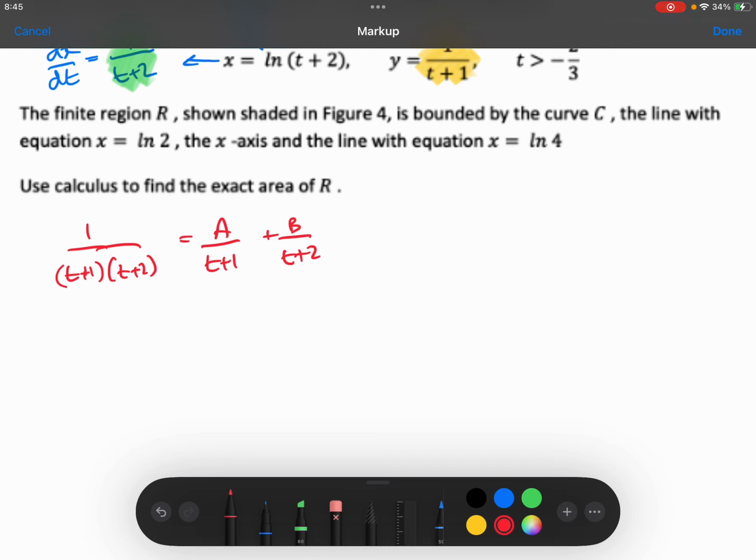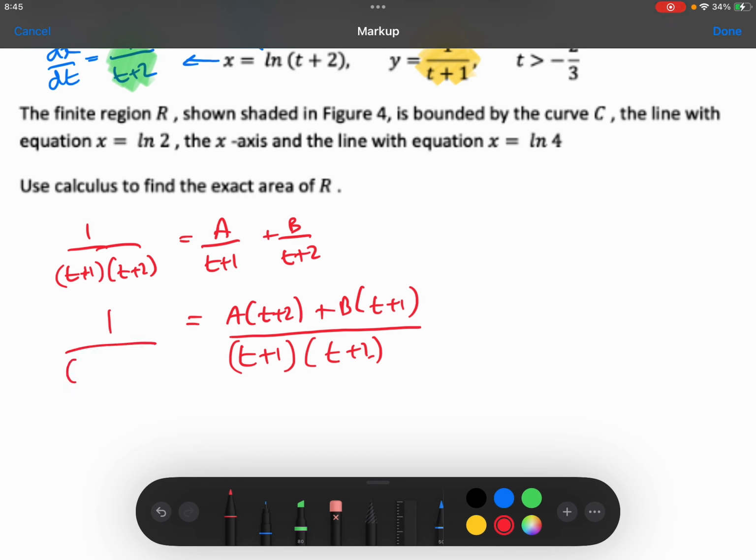Right, so let's cross multiply here then. We've got the a times the t plus 2 plus the b times the t plus 1. Now my denominators are the same. I can cancel those and just focus on my numerator. So what values do A and B need to have?